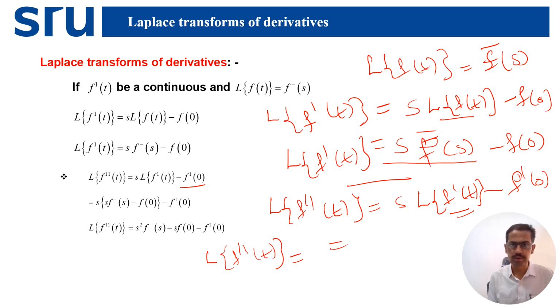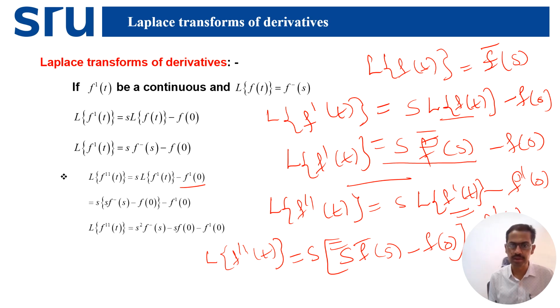We just substitute here s into the Laplace transform of f dash t, which is s into f bar of s minus f of 0, minus f dash of 0.